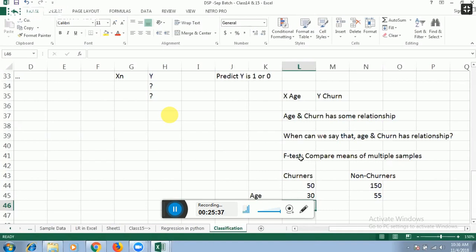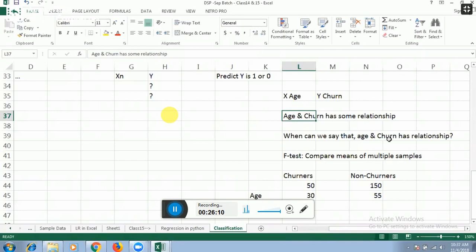So if I want to say some relationship exists, I need to identify some relationship between age and churn. Then only I can say that a relationship exists. Suppose both groups have a similar age. Can you say that age is influencing churn, or that any kind of relationship exists? I can't say that, right? Do you agree with me or not?